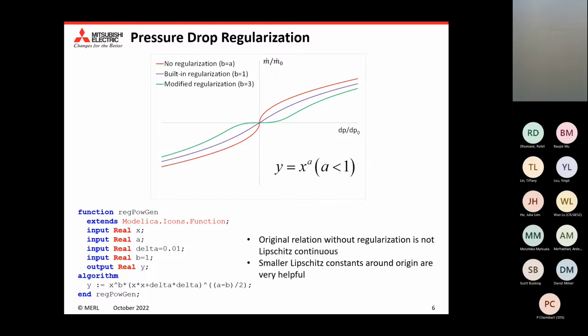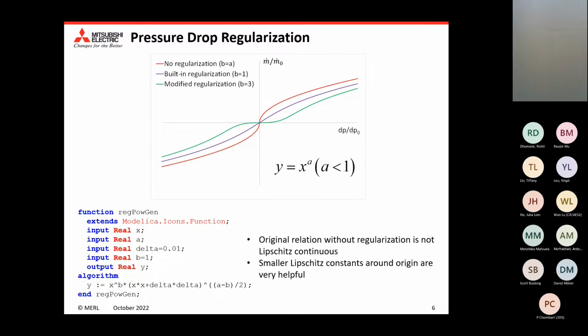Then we said, maybe if we can somehow reduce the slope of this approximation around the origin, we can improve the speed. So instead of using this linear approximation, we can increase this power constant and have a cubic approximation, so that the mass flow rate will be much less sensitive to the pressure.